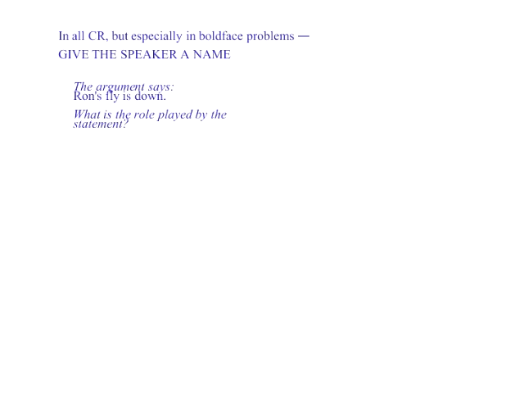Again, you were giving me statements that were not factually incorrect, but they didn't capture what the role of the statement was. On the other hand, if we just make this into a conversational type of situation, Tom says, Ron's fly is down.